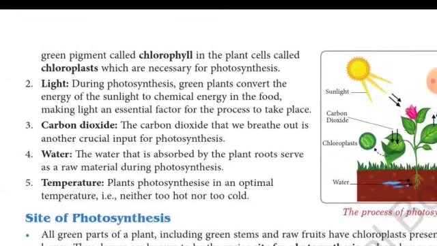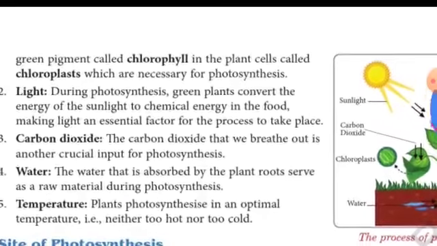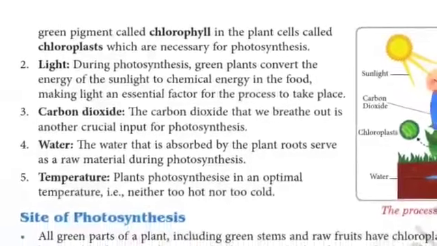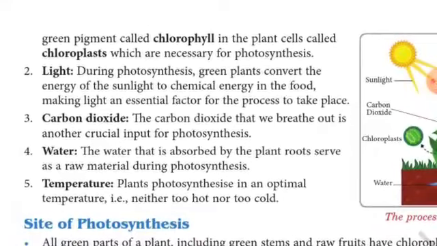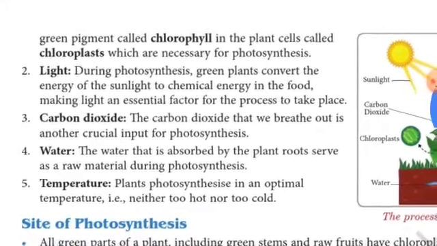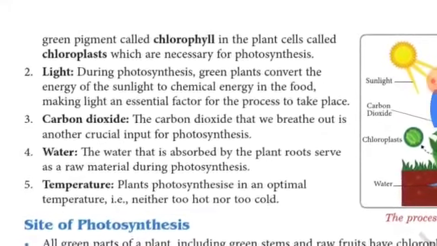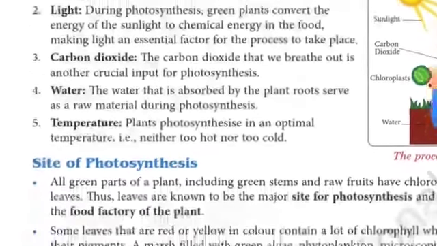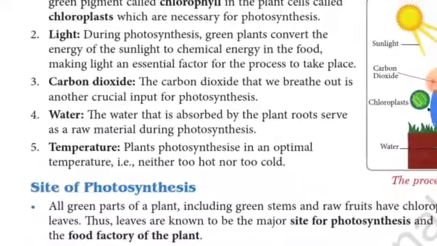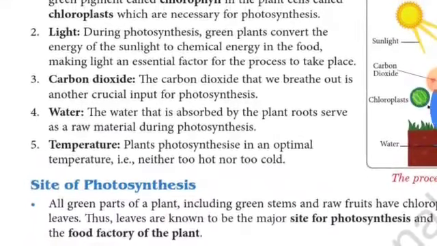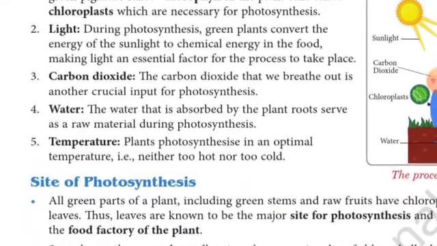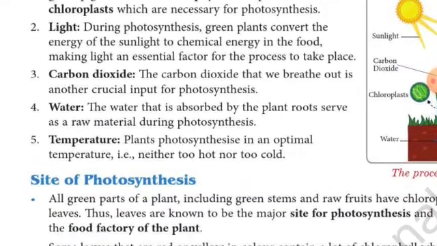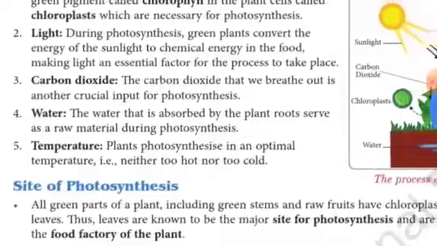So chlorophyll is very important for photosynthesis. Next is light. During photosynthesis, light is also very necessary because green plants convert the energy of the sunlight to chemical energy and food is prepared, that is glucose. Next is carbon dioxide. The carbon dioxide that we release in the atmosphere is taken by the plants for what? To do photosynthesis. How does this carbon dioxide go inside the plant? Do you know?